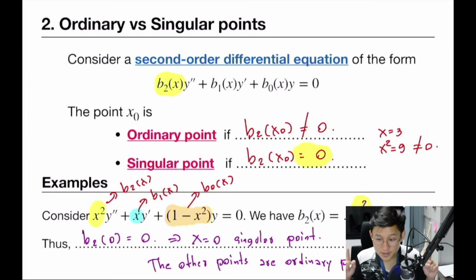But it's quite important because in the next videos we're gonna solve this equation for different cases. And the first case would be when the point is ordinary, which means that b2 of that point is not 0.